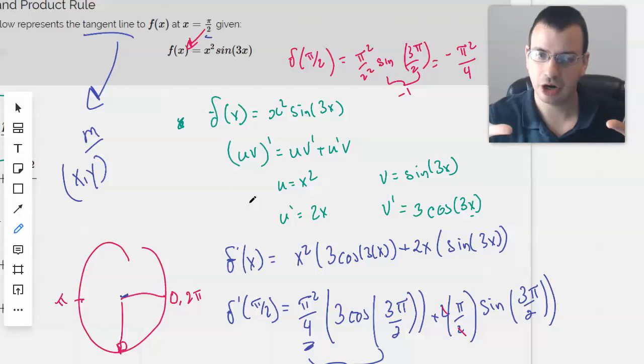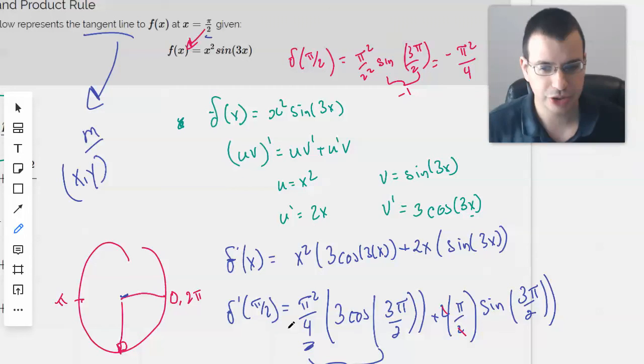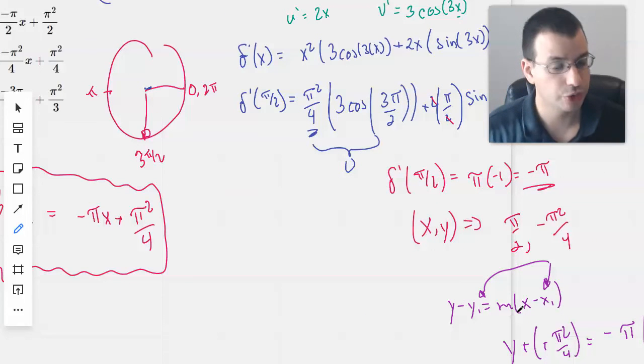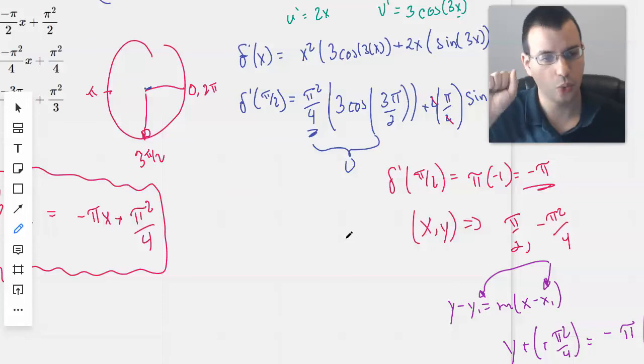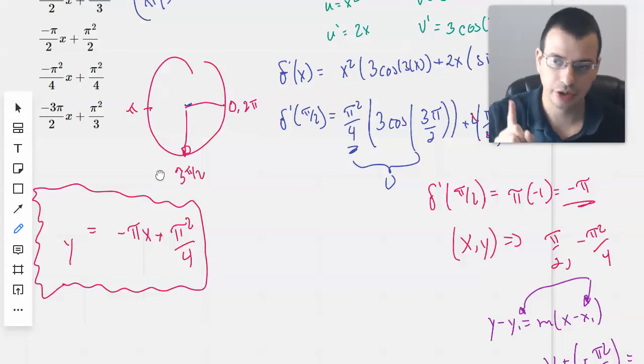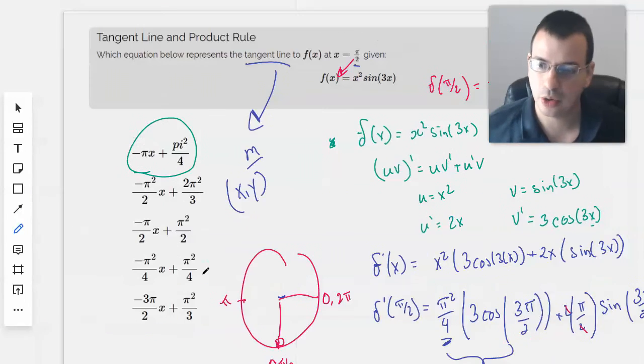After we have our slope, we plugged in our point using y minus y1 equals m times x minus x1. We arranged things to get y equals this, and what we found was the equation for our tangent line.